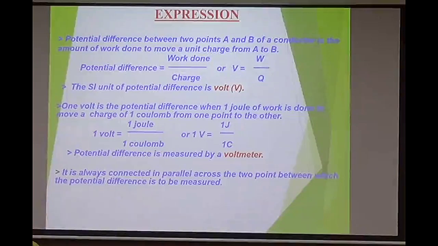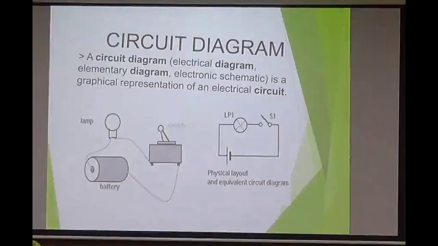Now, let us discuss the circuit diagram once again. What is a circuit diagram? An electric circuit is a closed and continuous path of current flow. You can see a lamp looks like this. We have shown a picture of a battery, a lamp and a switch. If you are to draw it on paper, it is very cumbersome to draw each and every device in its actual picture.